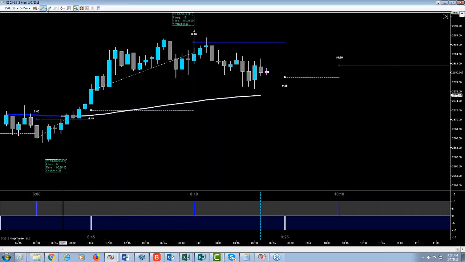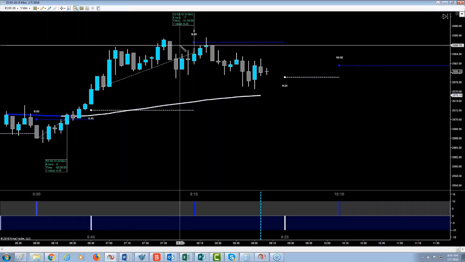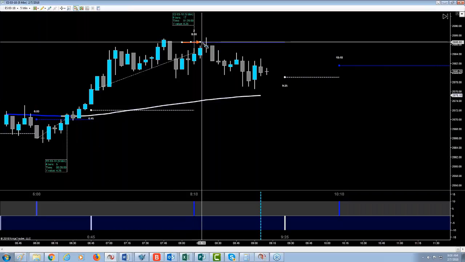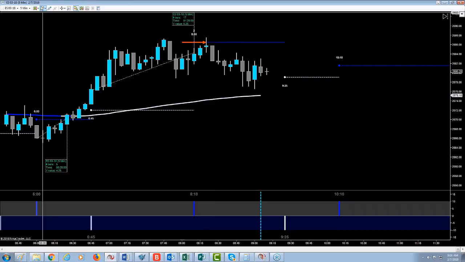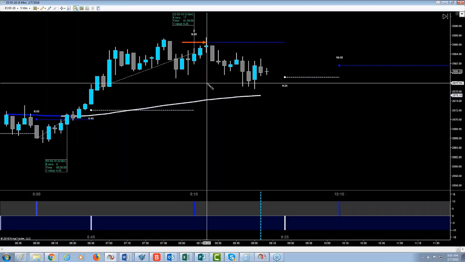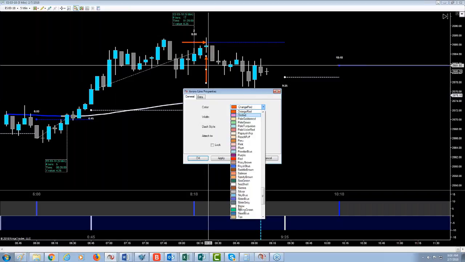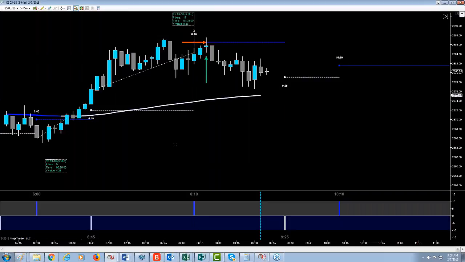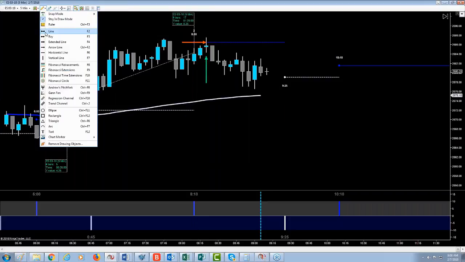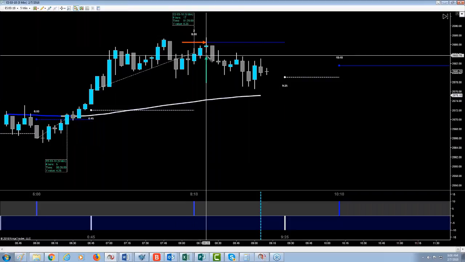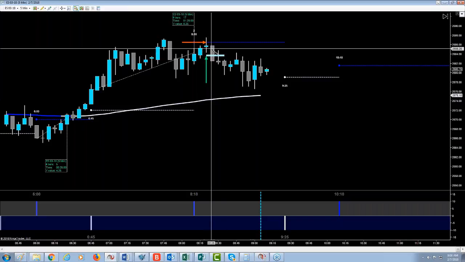And then there was a puncture candle right here. So we would have been looking for a long, testing the market for a trend continuation puncture. And the stop would have been just below that candle right there.